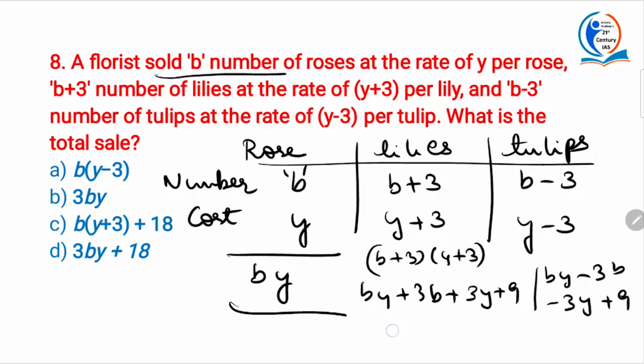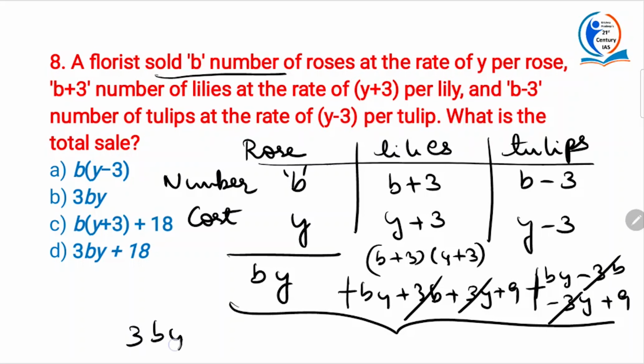For the total, we add all three. Plus 3y and minus 3y get cancelled, plus 3b and minus 3b get cancelled. What are you left with? It is 3by plus 18, because there is one by, another by, and a third by, and 9 plus 9 is 18. So D is the answer.